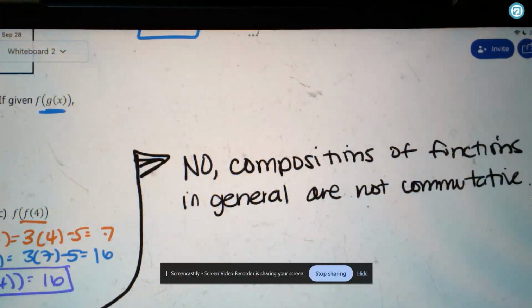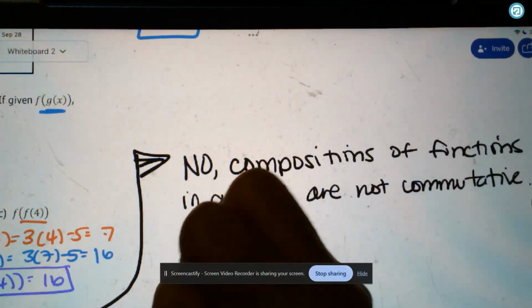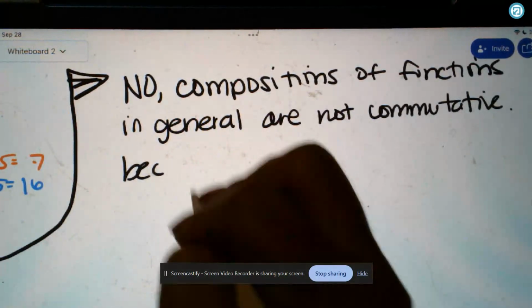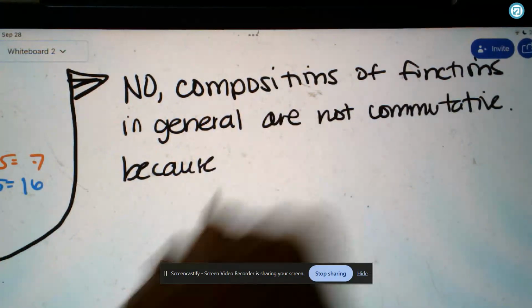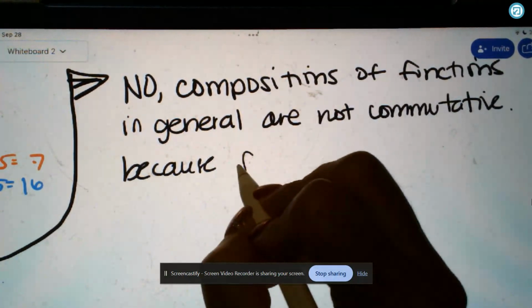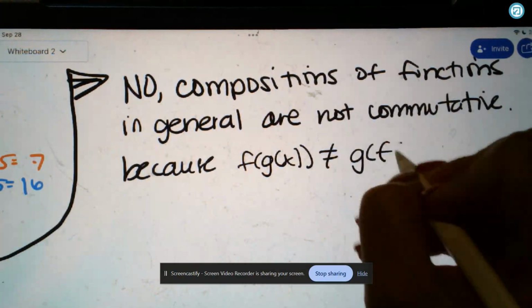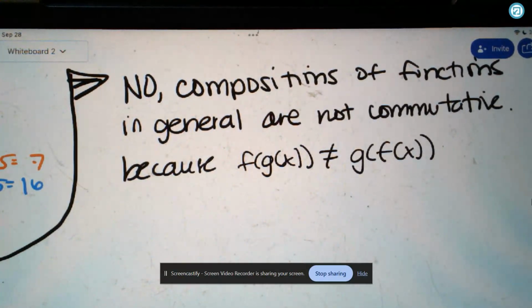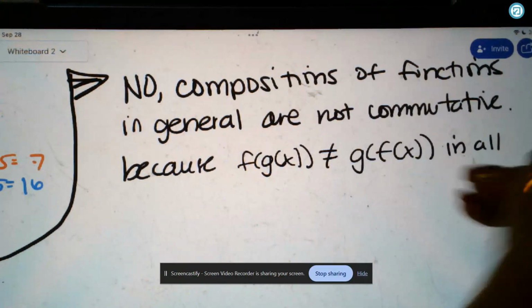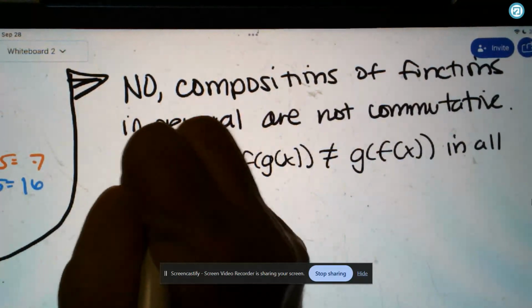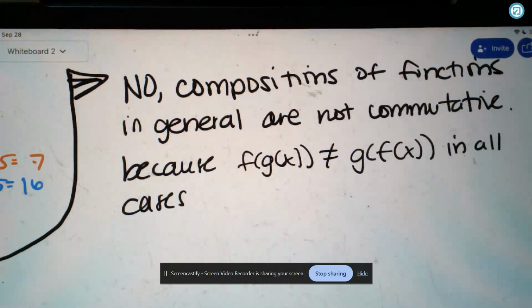Compositions of functions in general are not commutative because when we did f of g of x, it did not equal g of f of x in all cases. Now, occasionally you'll find one that does. It may, but it does not have to.